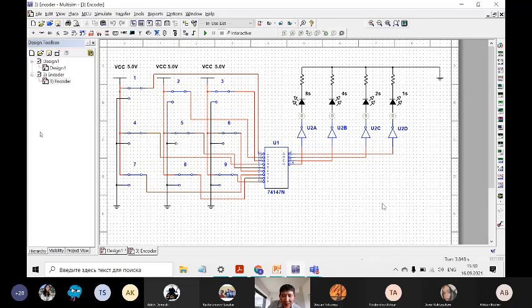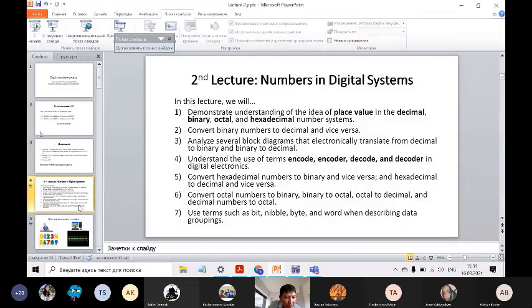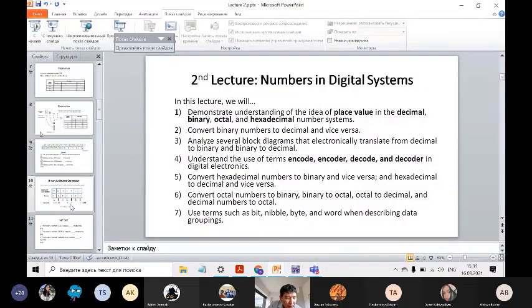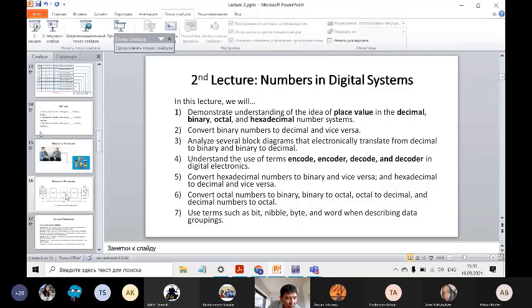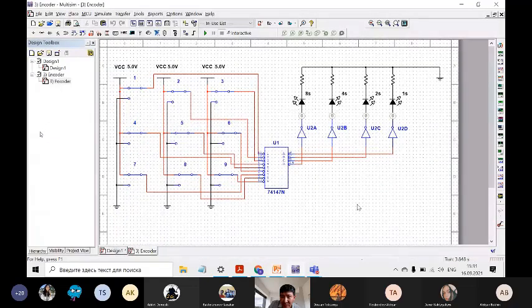It's just my design. It doesn't mean that you will do the same. For now, for the lab, we don't use this 7-segment LED display, but we'll do a more simple one.